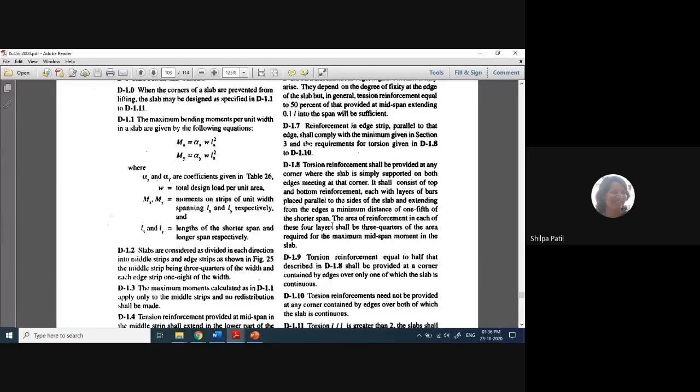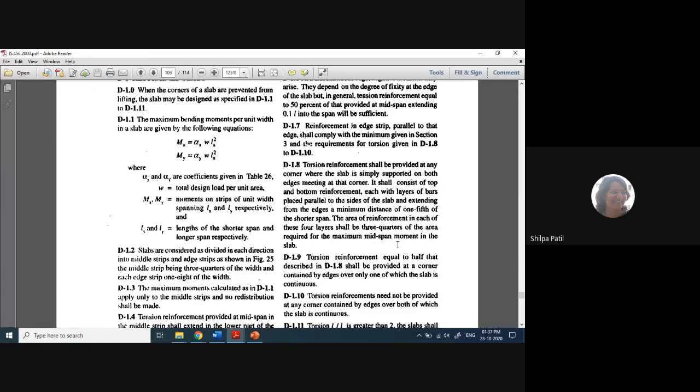So whatever is the shorter span, lx by 5, that much should be the extension of these bars in the side or edge strip. The area of the reinforcement in each of these four layers, means top mesh, there will be two layers, one along Y and another along X. Bottom mesh, again two layers, one along Y and another along X. So area of each layer shall be 3/4 of the area required for maximum midspan moment.